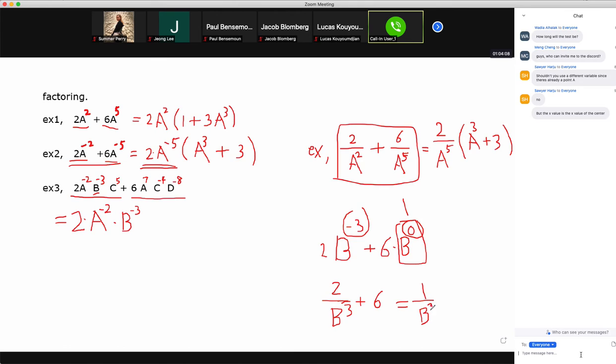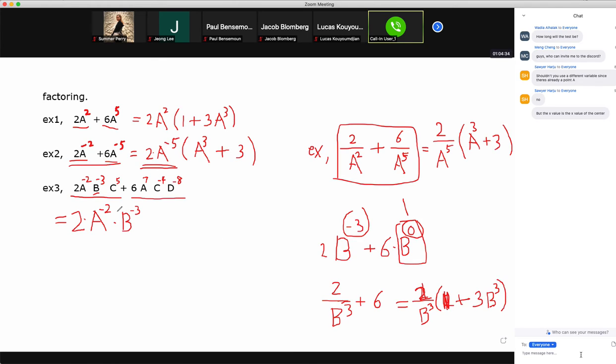This is what we would actually do. And then we factor the 2 here, and what we get is 1 plus 3 times b cubed. This is what we would do if you write this in rational form.